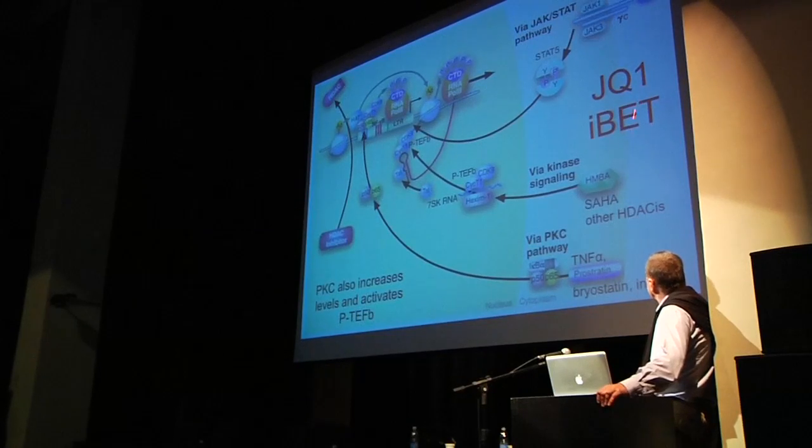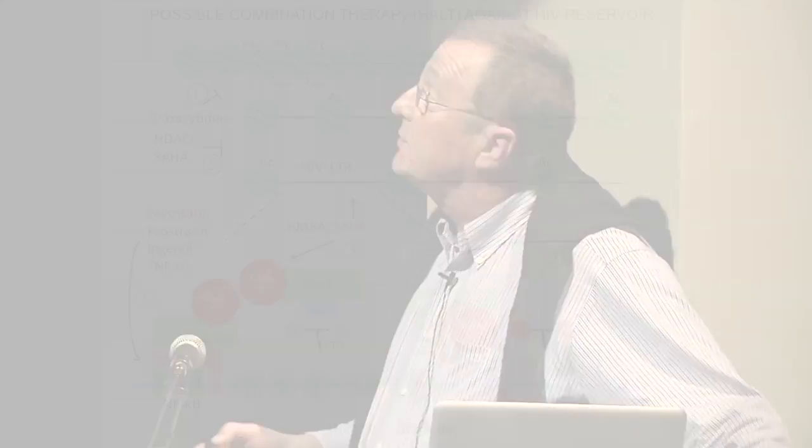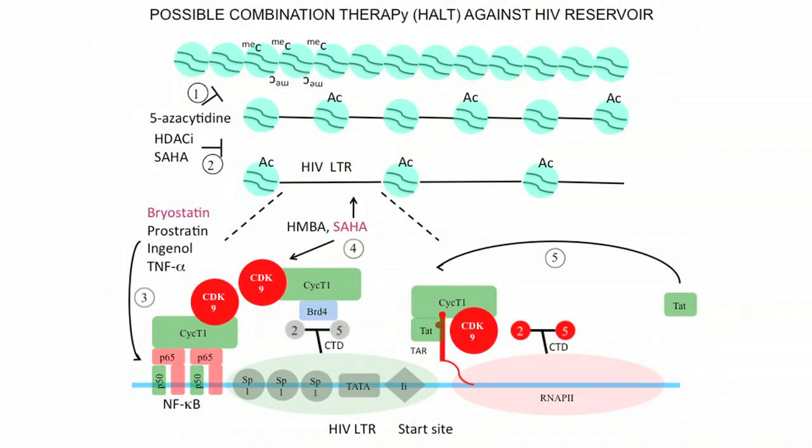So basically, some sort of combination that you can see on this slide should be contemplated for clinical trials, most likely in the monkeys. I would just like to say that other people have suggested that chromatin would be important to target, except we have a recent finding that 5-azacitidine, which was supposed to just demethylate the DNA and therefore allow for better initiation of transcription, is also a very potent activator of P-TEFb.